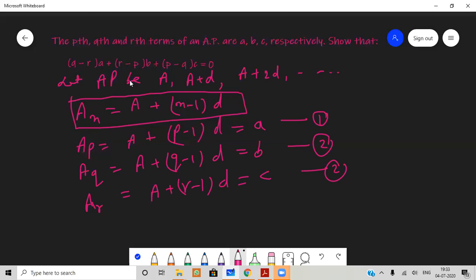Once I get these three equations, I have to show this expression. If I take the left hand side of this and place the values of a, b, and c here, I should get 0. So that's what we are going to do. Q minus r as it is, and in place of a, I will put the value of a: q minus r into a, plus r minus p into b, and plus p minus q into c.